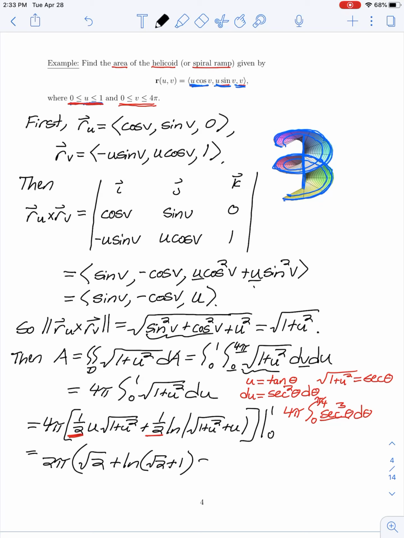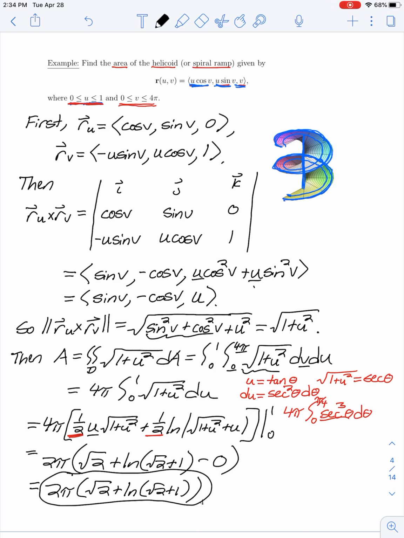And then we subtract what we get when we plug in 0 for u. Plugging in 0 for u, I have 0 for that first term, plus the natural log of 1, but log of 1 is 0. So altogether, I have 2 pi times the square root of 2 plus the natural log of root 2 plus 1.